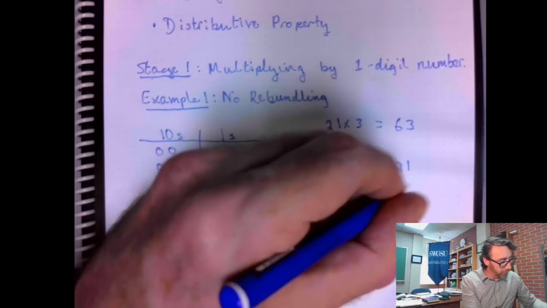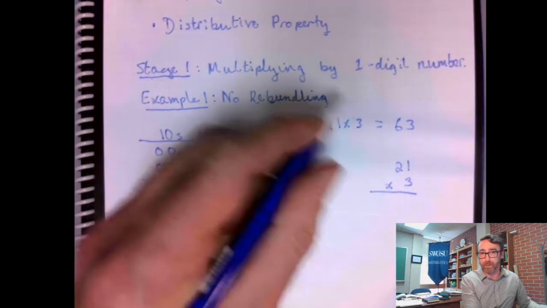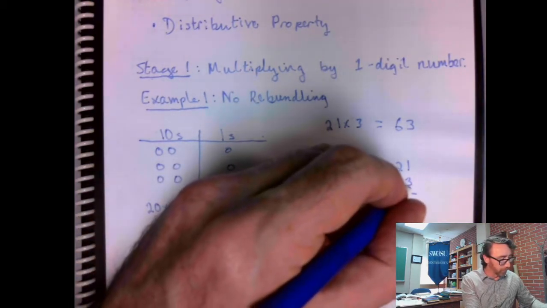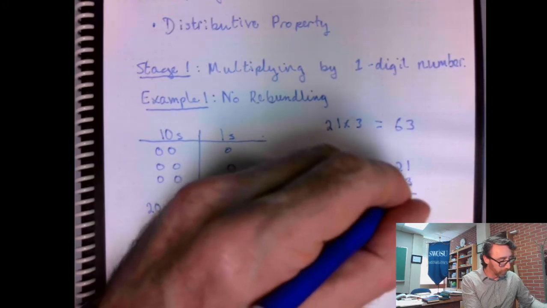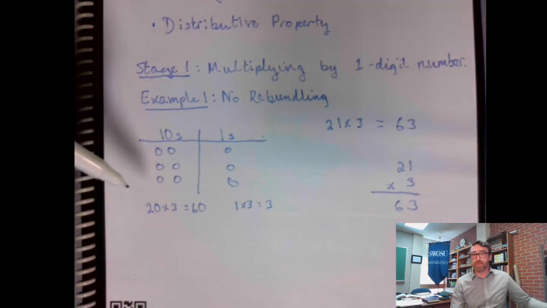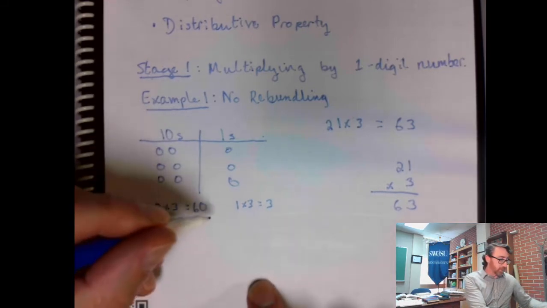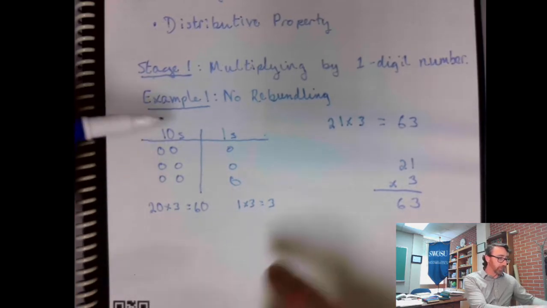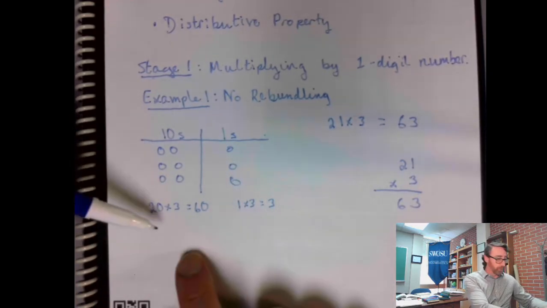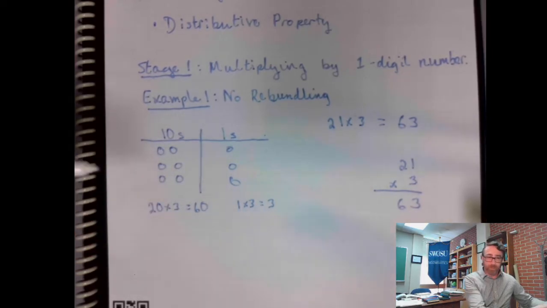Now, typically, the standard algorithm is not put horizontally anymore. It's put like this. So 3, 6. And you might say, well, this doesn't use the distributive property at all, but actually it does. If I do 3 groups of 21, I have 3 groups of 20, which gives me 60, and then I have 3 groups of 1, which gives me 3.